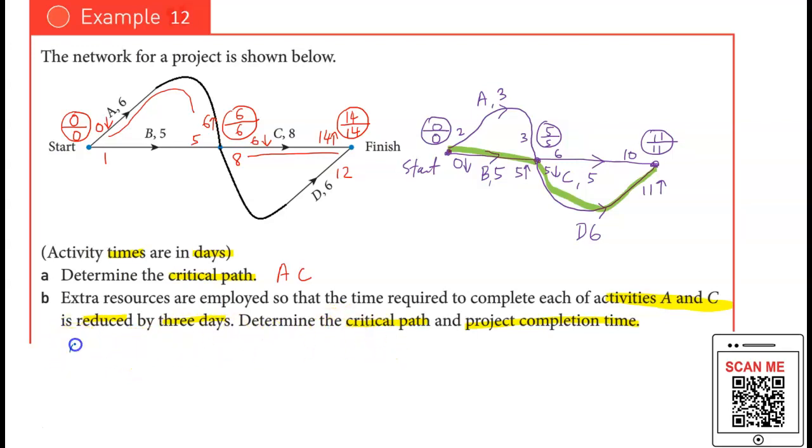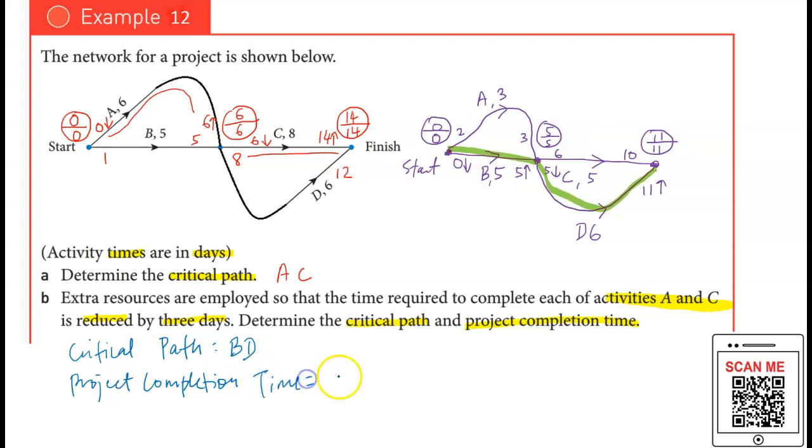The critical path here will be B and D. And what would be the project completion time? The project completion time now will be 11 instead.